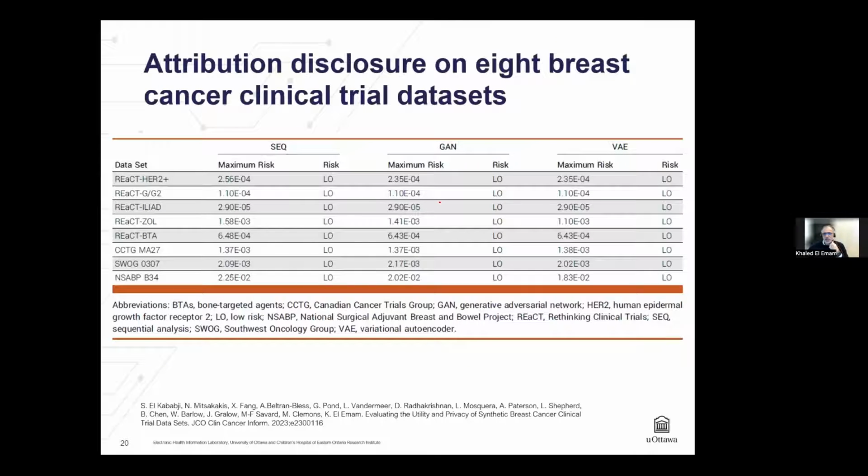And then here are the results on the attribution disclosure. We have a threshold that's based on some existing precedents regarding what's acceptable attribution disclosure risk, and all the methods produced low risk for attribution disclosure: for sequential synthesis, the GAN and the VAE. And as you can see here, the risk measured is low, below the threshold across the board.